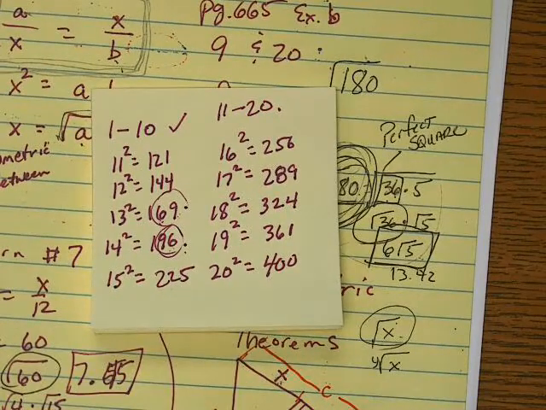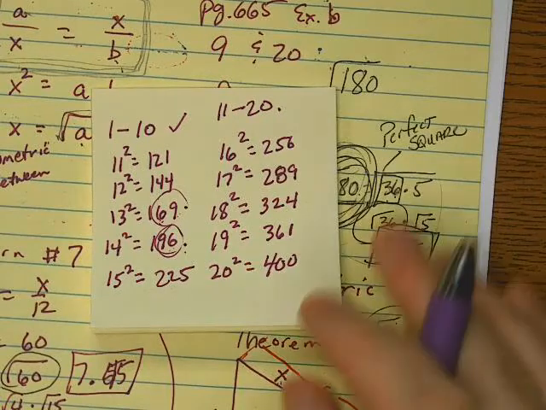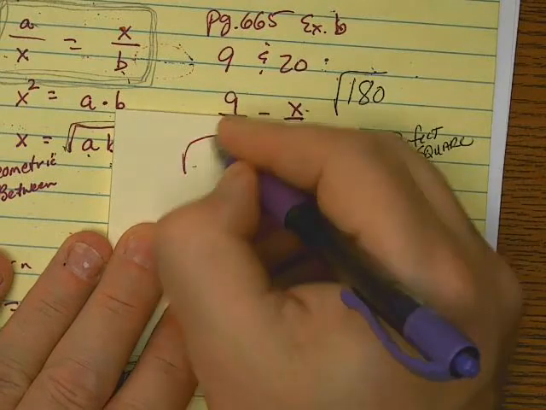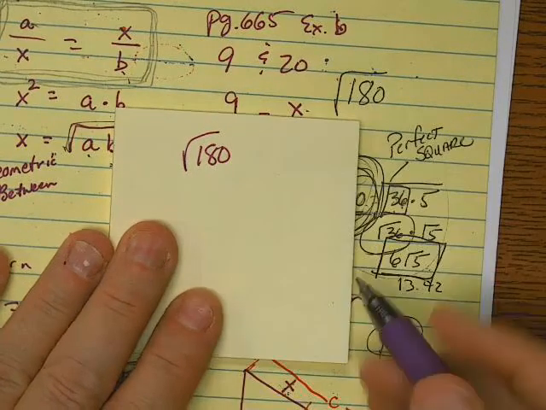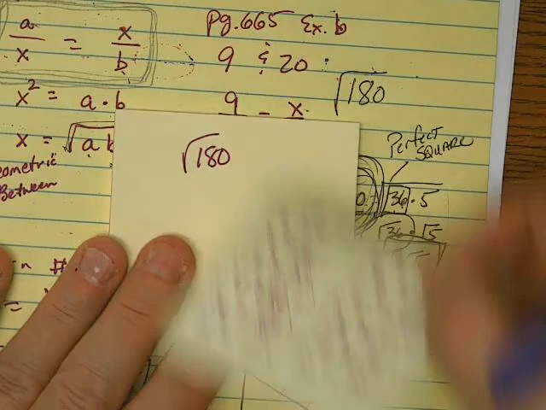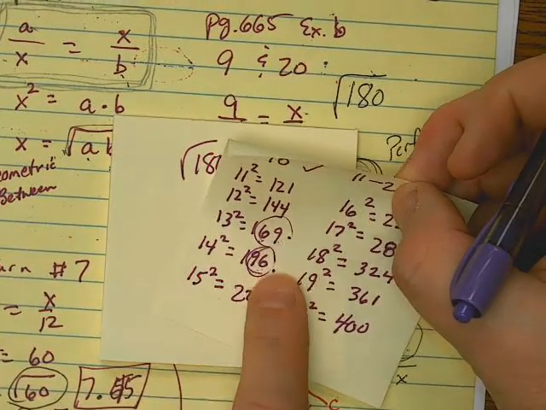We're not going to quiz you over it. But it does help when we're trying to simplify some radicals. For instance, take a look at the square root of 180. The square root of 180 is not a perfect square. I can go through all these numbers. It's somewhere between 13 and 14.